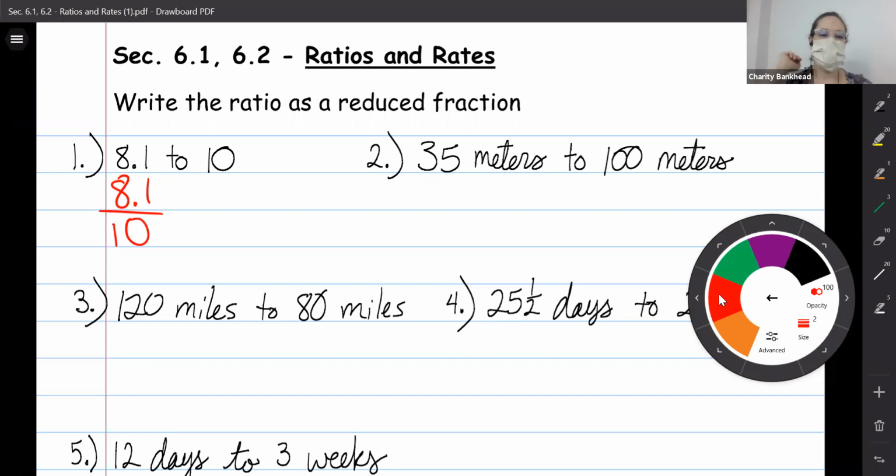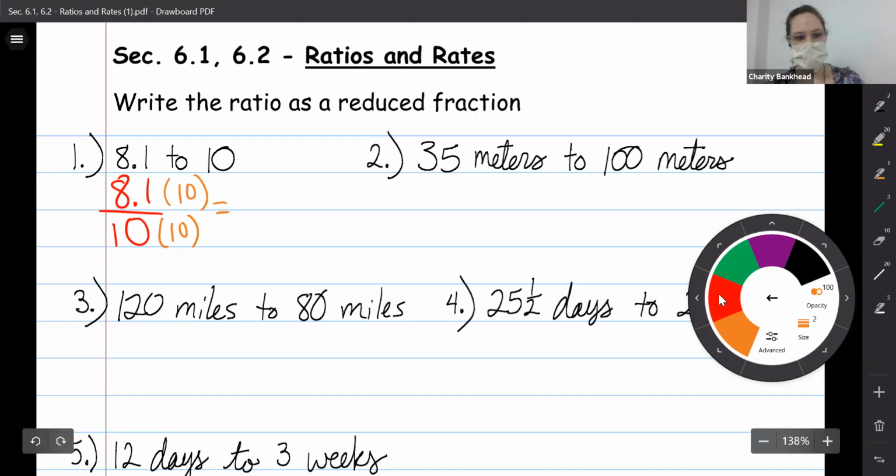So we can fix that by multiplying the top and the bottom by 10, or in other words, just moving the decimal point one time to the right on each of those. Same thing, either way you think about it. So that would make it 81 over 100.